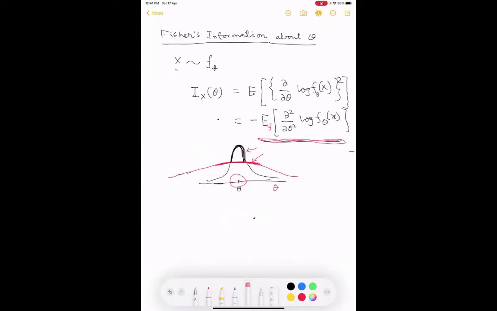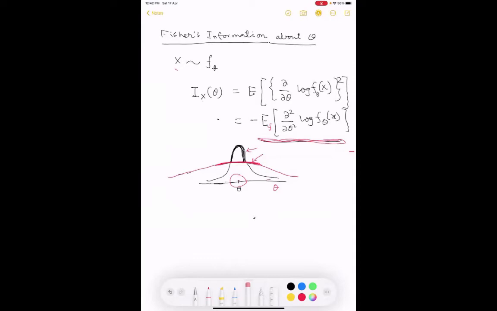Think of a thought experiment: I have drawn a random sample, and you drew another random sample independently of me. Your measure of theta and my measure of theta will be slightly different because it's a random sample.